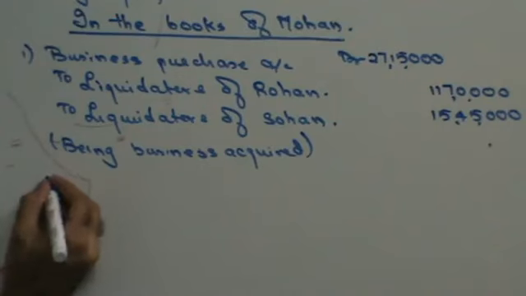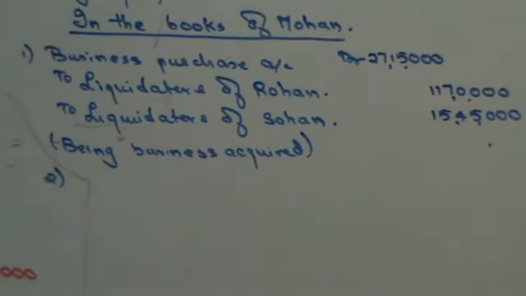Right? Now, let's take down the assets and liabilities. So this is going to be, let's see this. What are the assets and liabilities from the balance sheet?